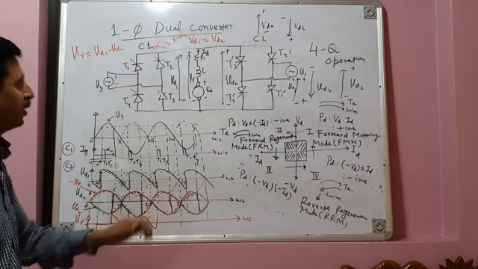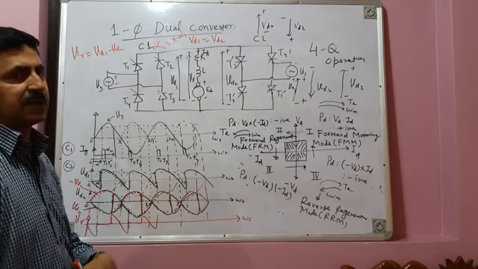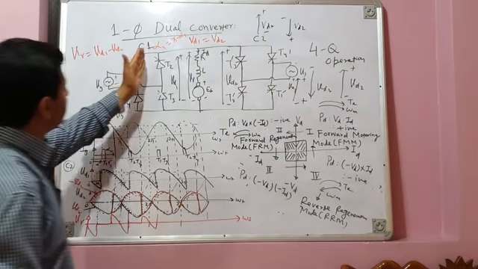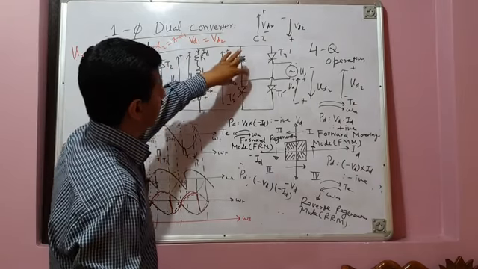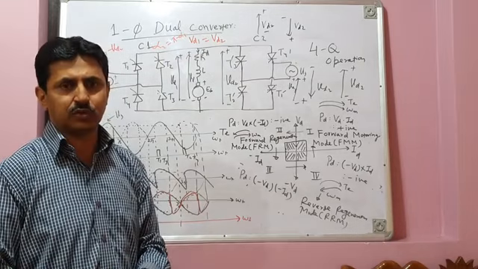So sometimes it's positive, sometimes it is negative. Positive means the instantaneous value of this voltage is more than the instantaneous value of this voltage. This will result in circulation of large current from this converter to this converter. The magnitude of current can be so large that it may damage all the devices of the two converters.